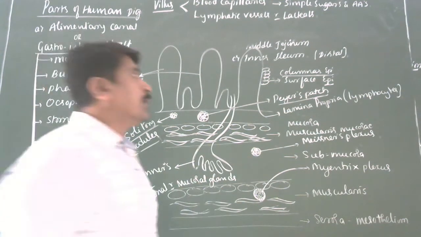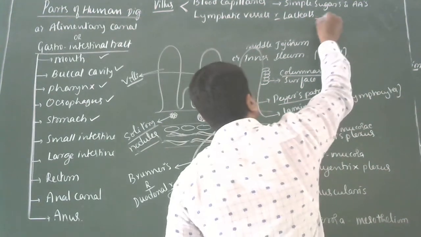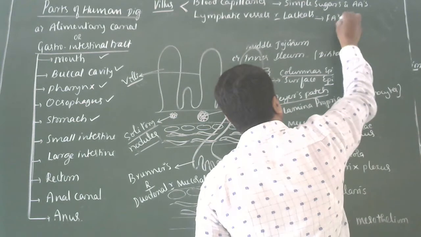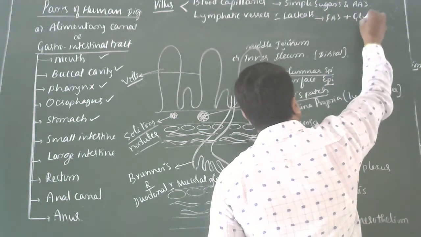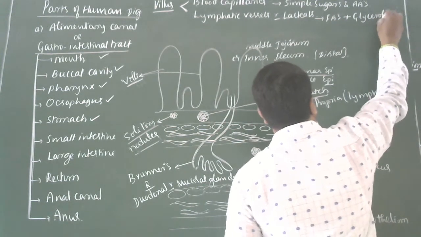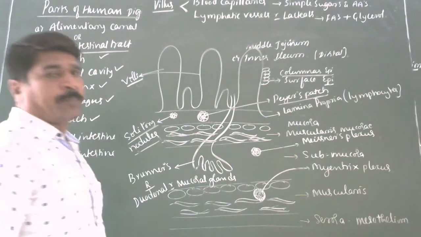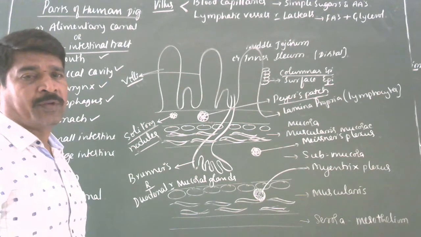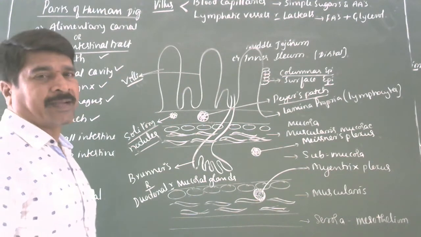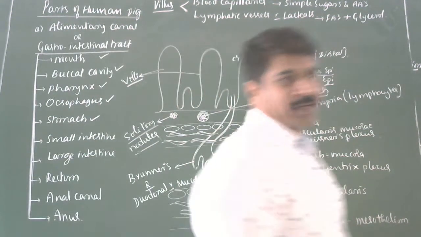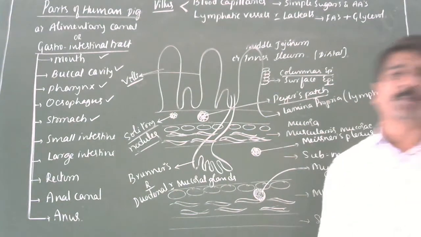Yes, as I said, these two points are very, very important. You should keep them in mind. Blood capillaries help in the absorption of the end products of carbohydrates like simple sugars, and the end products of proteins like amino acids. Whereas the lacteals, which are lymphatic vessels, help in the absorption of the end products of lipids like fatty acids and glycerol. I think it is very clear for you.